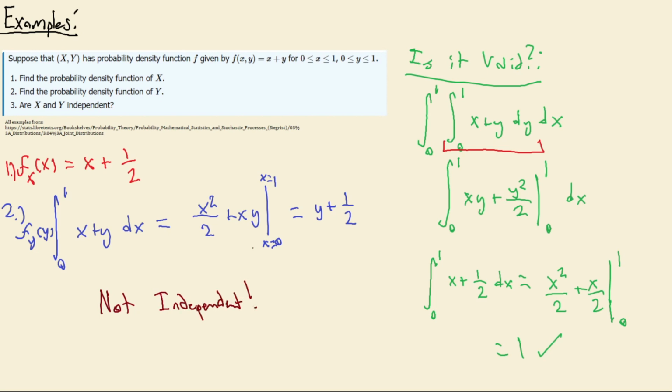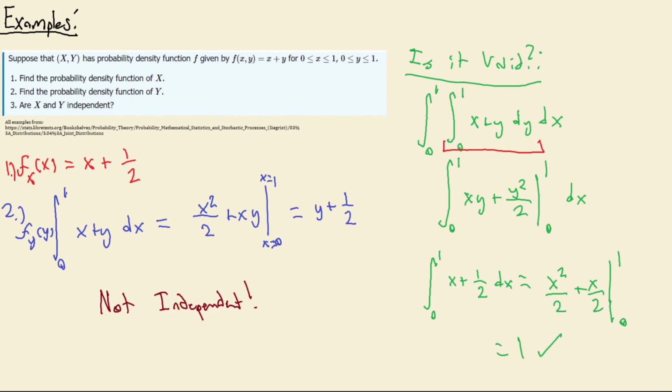Now, why exactly is that true? Because for two independent events, the probability of both of those events occurring is just a product. So if our marginal probability density function for x gives us a probability of x being equal to something, and our marginal probability density function for y gives us a probability of y being equal to something, then taking the product of those would give us the probability of x being equal to something and y being equal to something, which is exactly what is given by the joint probability density function.